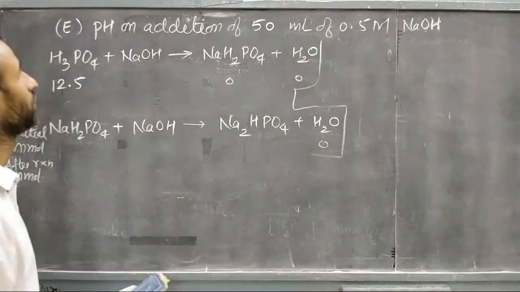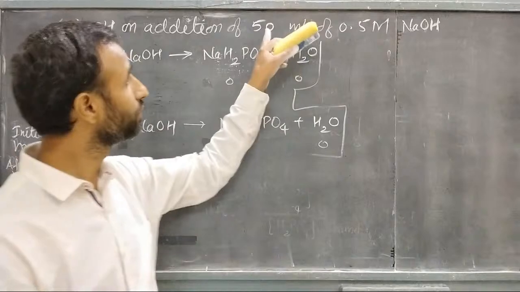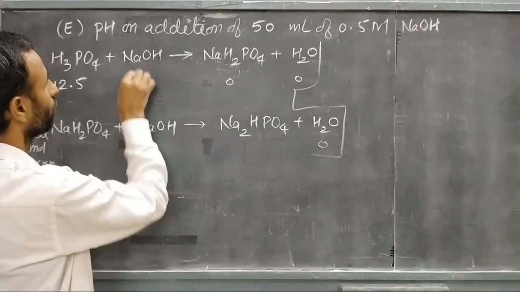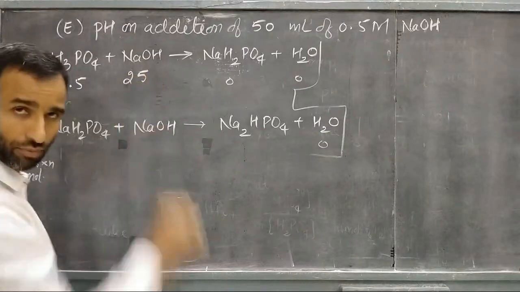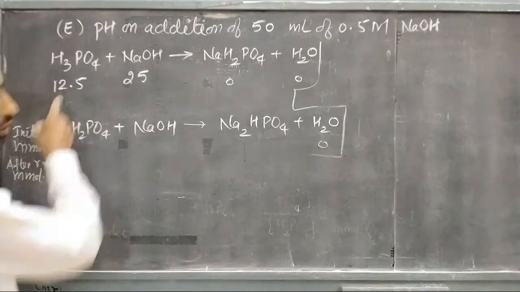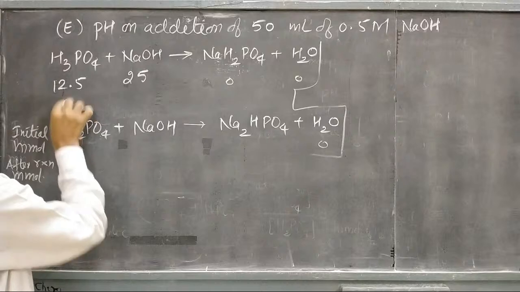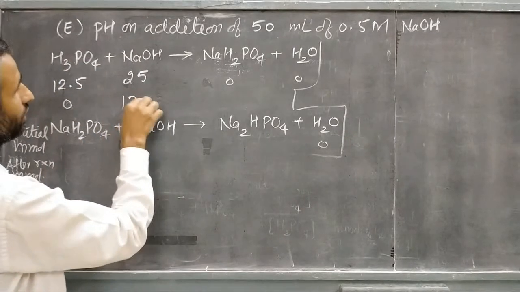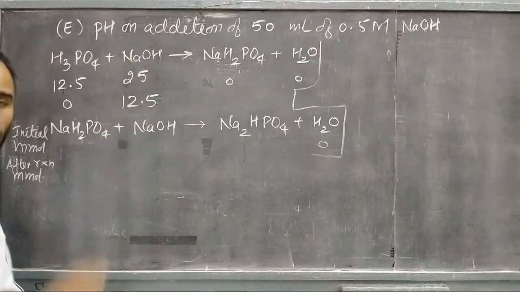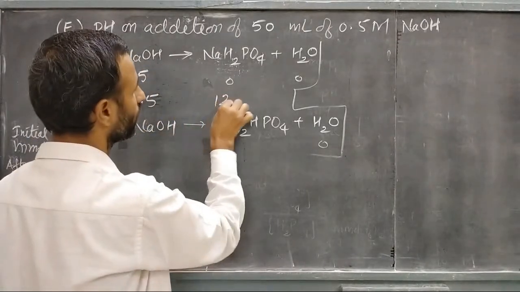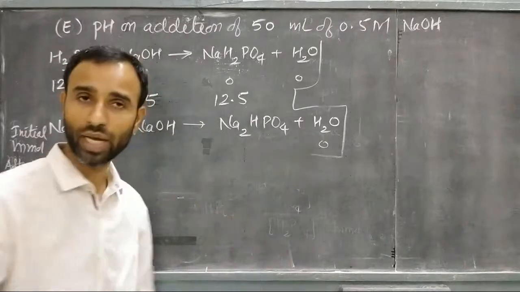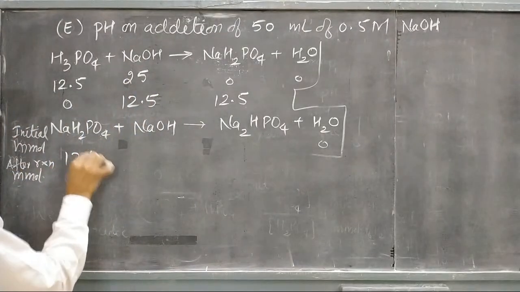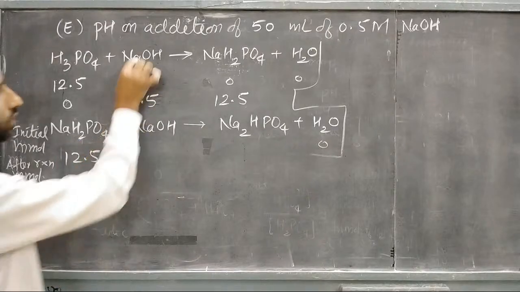Yes. So now when we add 50 ml of 0.5 molar sodium hydroxide, that is 25 millimoles of sodium hydroxide, and NaH2PO4 is 12.5, so it is completely neutralized and we get 12.5 sodium hydroxide and 12.5 NaH2PO4.